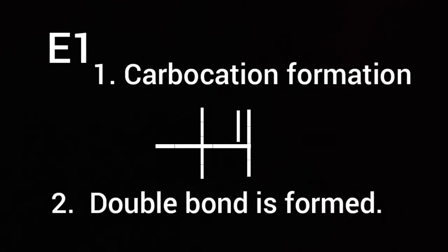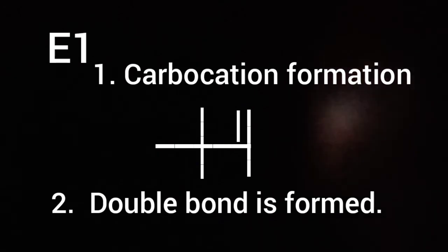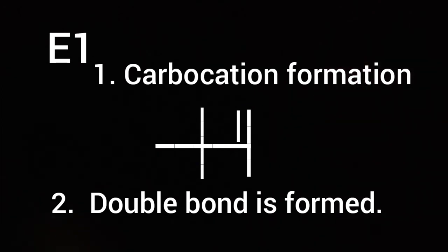Then elimination occurs and you are getting an alkene. It follows two steps. In the first step, the CX bond breaks to form a carbocation. In the second step, the carbocation loses a hydrogen atom from the beta carbon and a double bond is formed. This is known as the elimination unimolecular reaction.